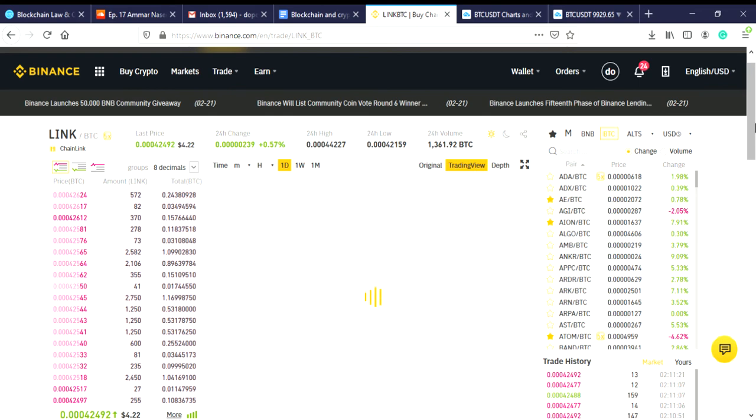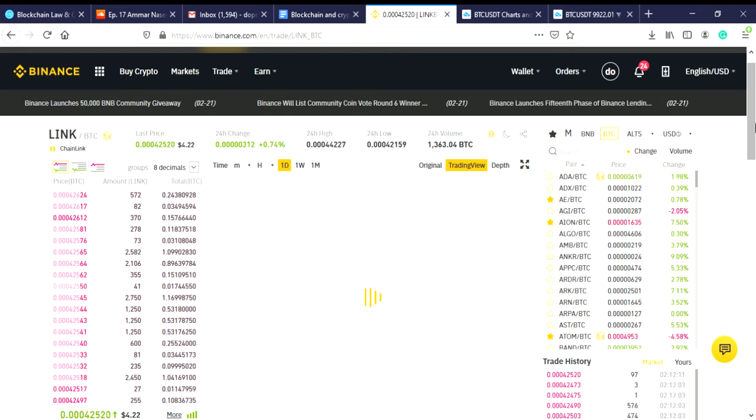If you don't know how to control your emotions, believe me, you've lost it. Because crypto trading is going to test you to the core. I've cried, I've laughed. It sounds crazy, but I've cried, I've laughed, I've smiled, I've shed tears over this when I started out trading. But over the years, I've learned how to control my emotions.